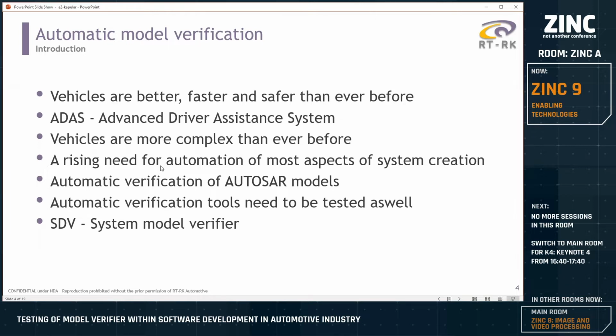This, of course, includes the automatic verification of AUTOSAR models, which are a big part of system models in the automotive industry. But these automatic verification tools also need to be tested, and the SDV, which we tested as part of this presentation, was one of those tools.